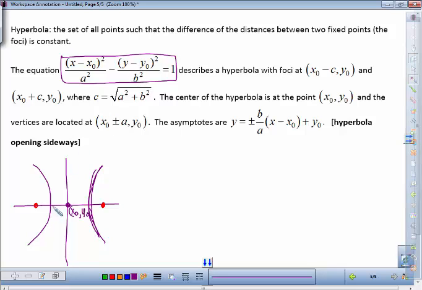So this is the logical part that I want you to think about. You have a quantity x minus x naught squared over a squared, and then y minus y naught squared over b squared.